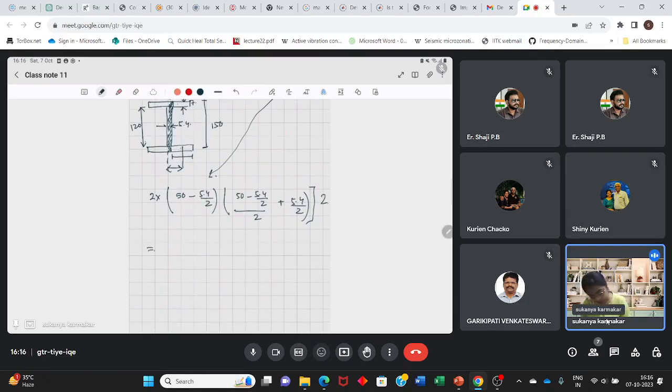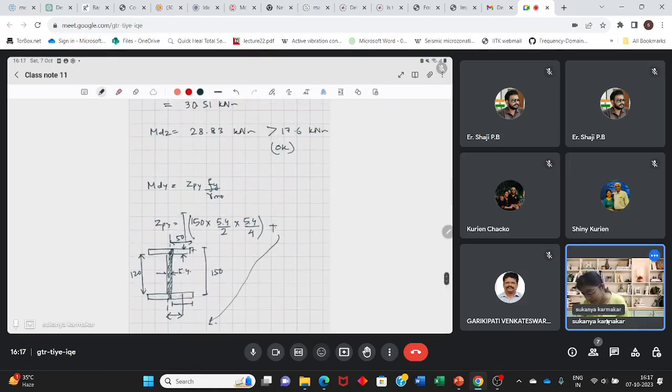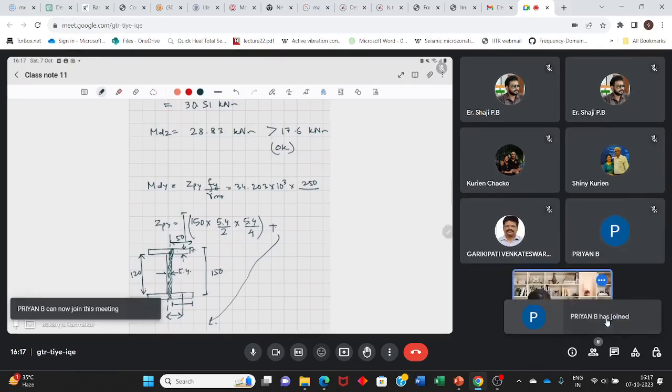This comes out to be 34.203 into 10 to the power 3 mm cubed. So Zpy is 34.203 into 10 to the power 3, Fy is 250, divided by 1.1 and this factor of 10.6.